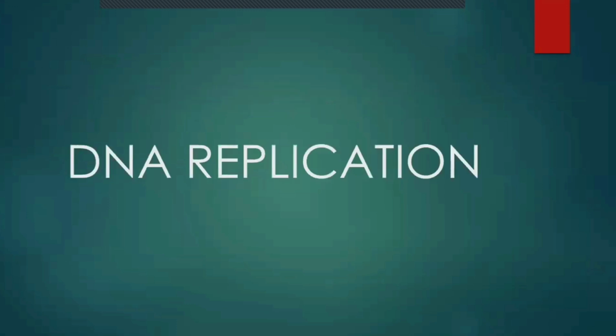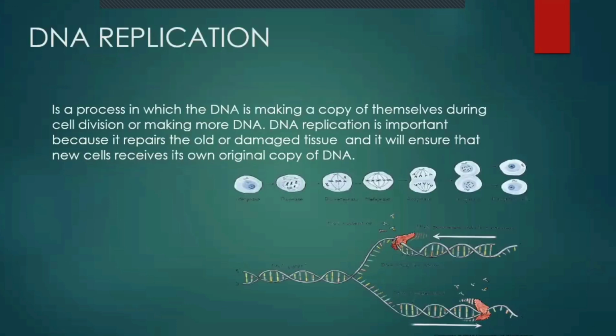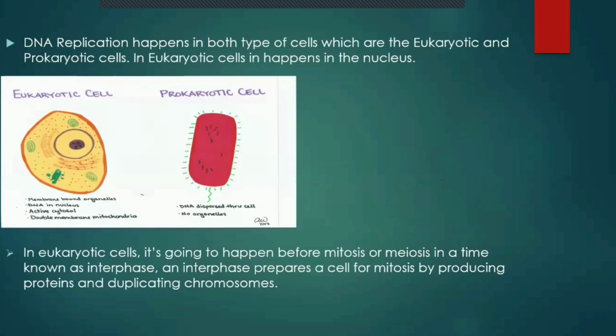DNA replication. DNA replication is a process in which the DNA makes a copy of itself during cell division, or making more DNA. DNA replication is important because it repairs old damaged tissue, and it ensures that the new cell receives its own original copy of the DNA.